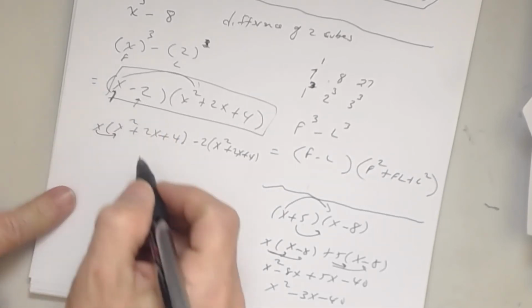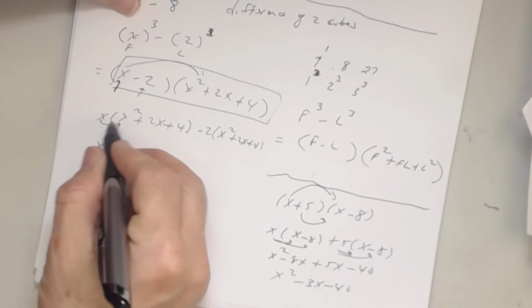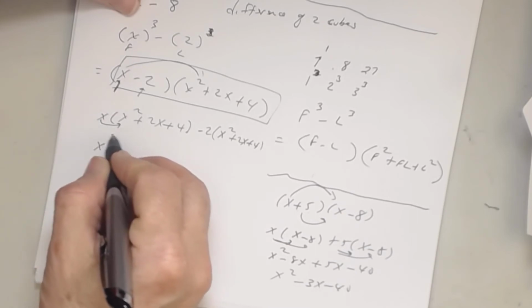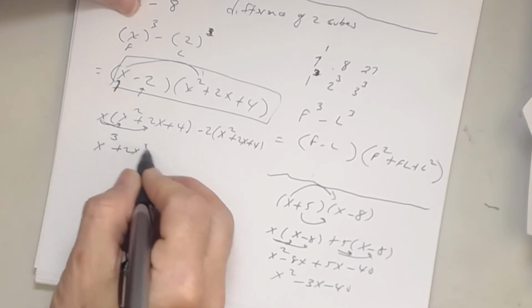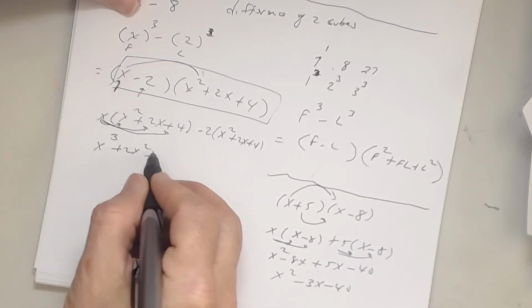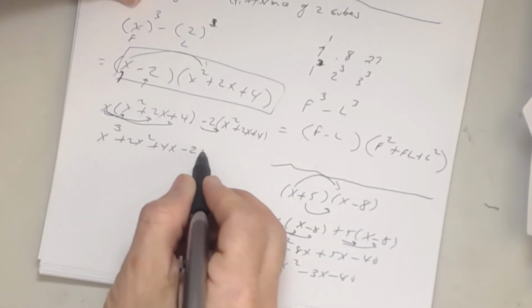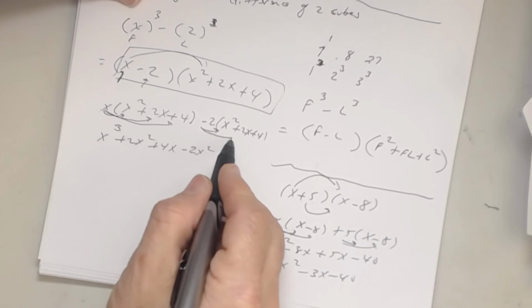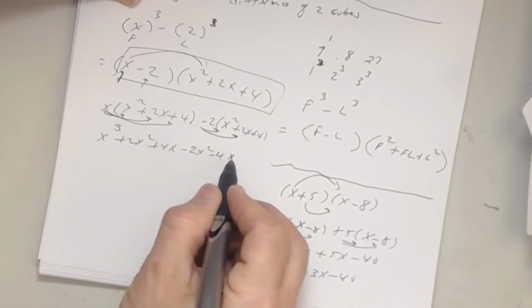So distribute. What's x times x squared? X cubed. What's x times 2x? 2x squared. What's x times 4? 4x. What's negative 2 times x squared? Negative 2x squared. What's negative 2 times 2x? Negative 4x, right?